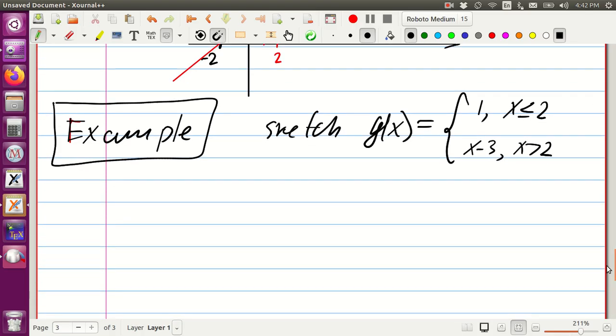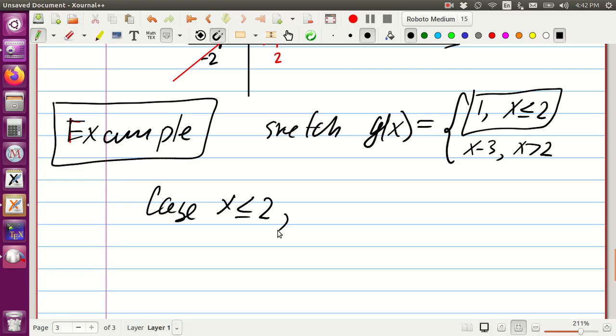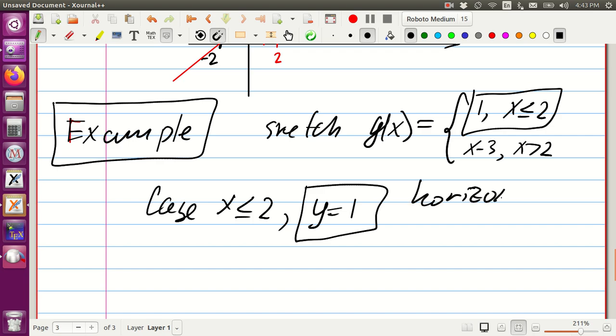So let's try to sketch it. So before 2 we have y equals 1. So in the case x less than or equal to 2, we have y equals 1. But remember, y equals 1 is a horizontal line through the point 0 for x, 1 for y.